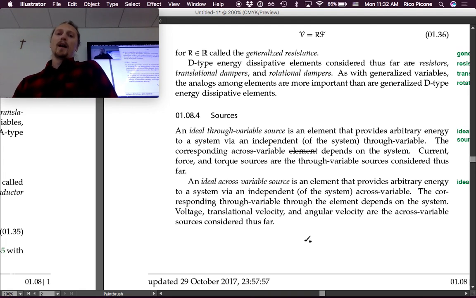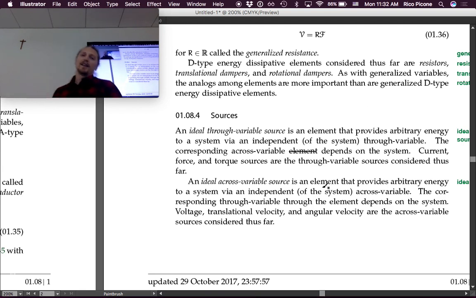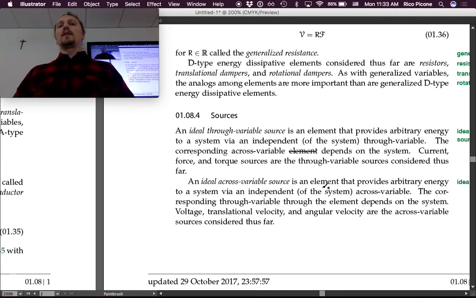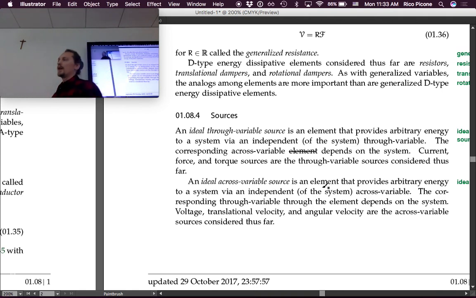The corresponding across variable, and this is a typo, just scratch that, depends on the system. Current, force, and torque sources are the through variable sources considered thus far. A current source is a through variable source, a force source is a through variable source, and a torque source is a through variable source. The reason is that current, force, and torque are all through variables. So if they provide those, they're through variable sources.